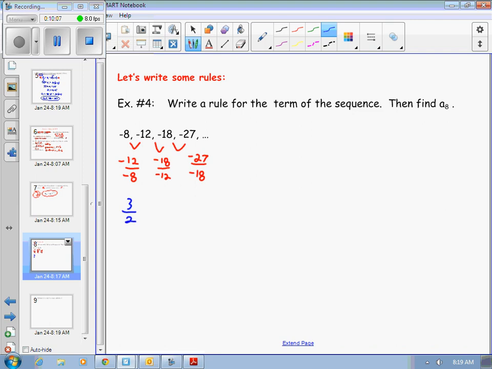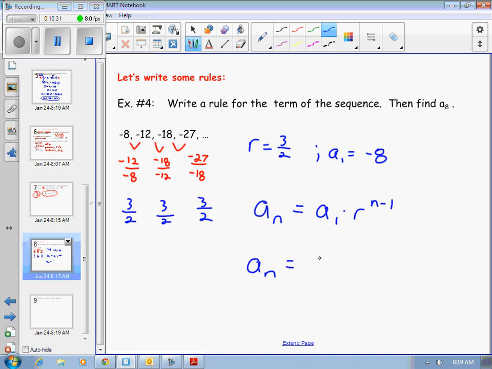And I think in each case, these fractions reduce to 3/2 or 1.5. So we're multiplying by 3/2 or 1.5 each time. So R is equal to 3/2. A1 is equal to -8. So we go to our rule, a sub n equals a1 times r to the n minus 1.